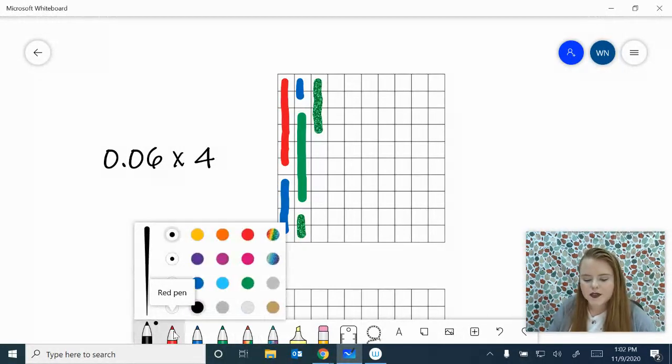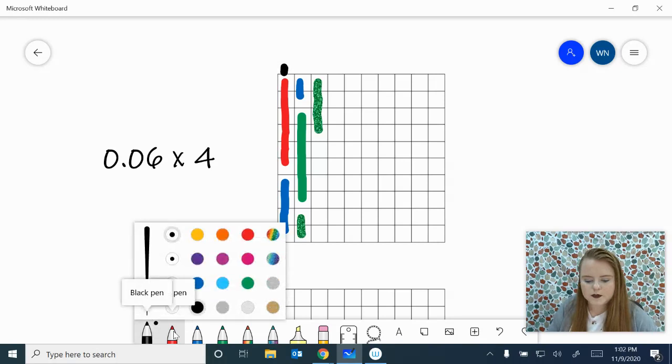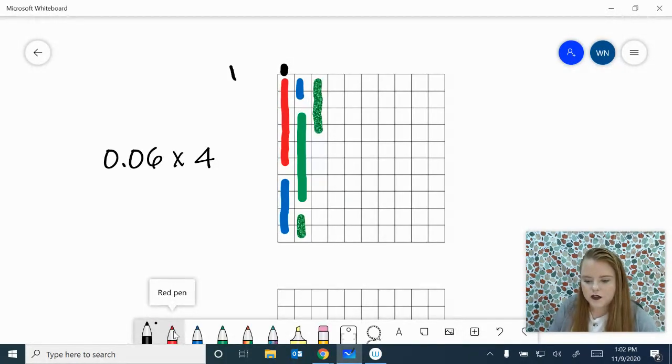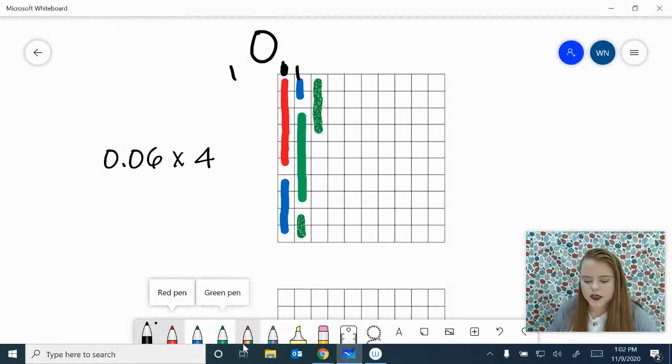When I go up to find my answer, I'm going to see how many whole tenths we have. This tenth and this tenth are complete. So I know I've got 0 whole numbers because I don't have any whole hundredths charts completed.